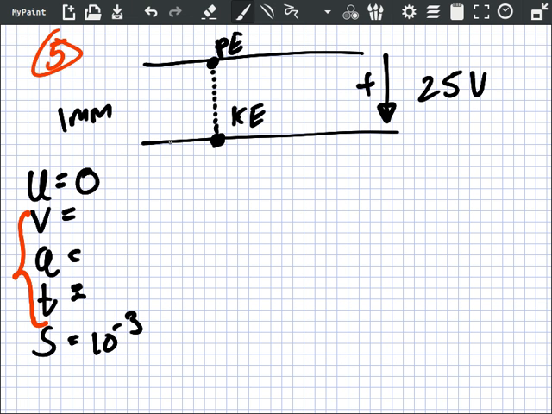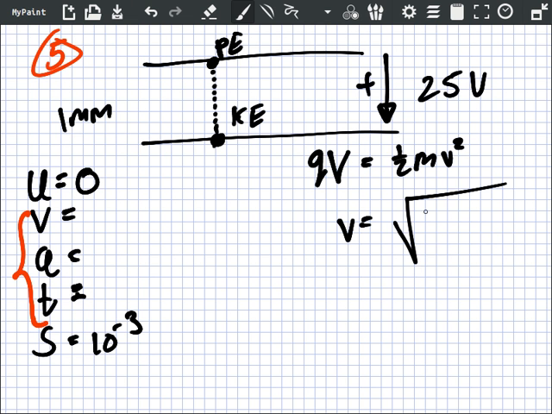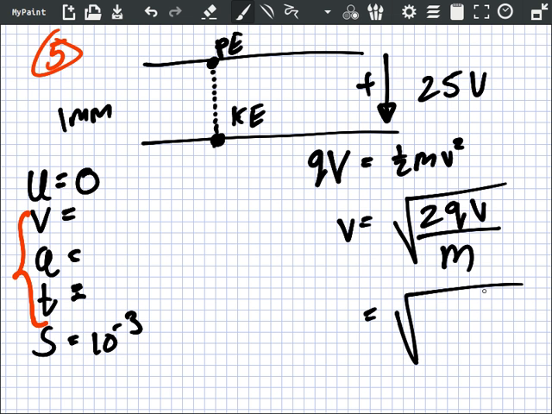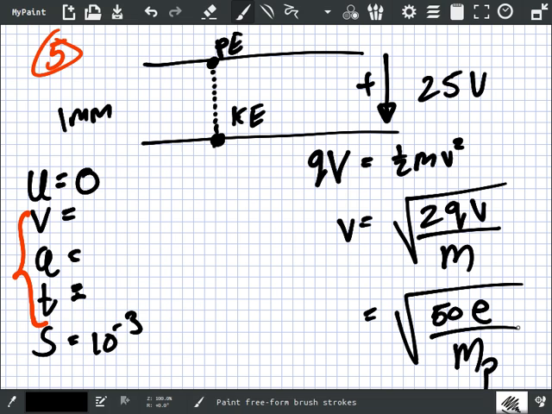We could get V. We can say QV equals a half mv squared. So again, V is the square root of 2QV over m. So this one would be the square root of 2 times, what's 25? So 50E over mass of the proton.